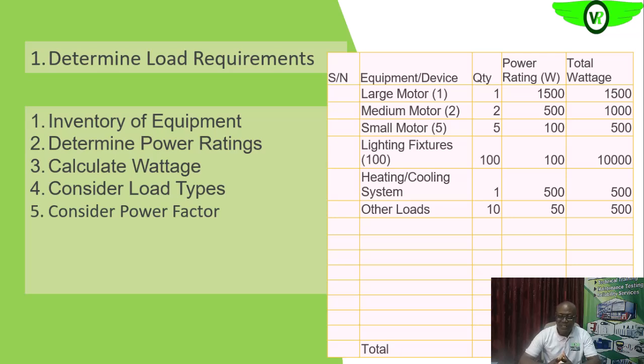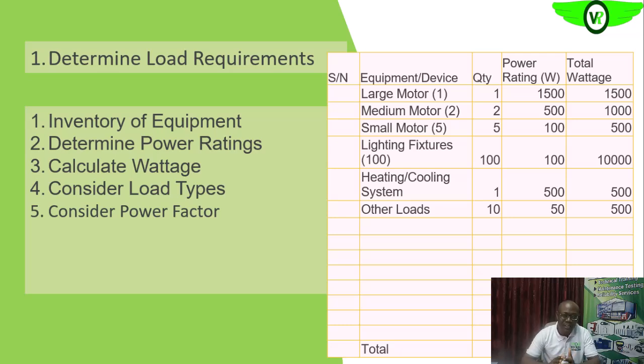So if it is 0.8, that means that 20% of whatever you feed into that load will be wasted. Are we getting it? So in that case, instead of powering that load with a 1,000 watt generator, you need to power it with a 1,200 watts generator to accommodate that 20% loss.